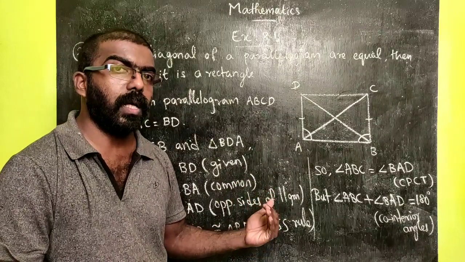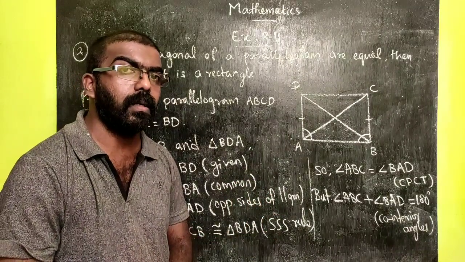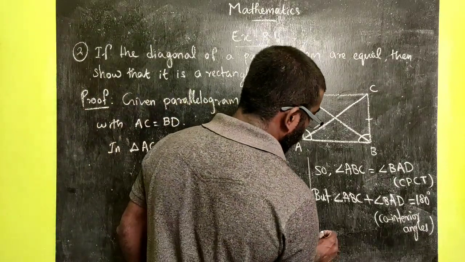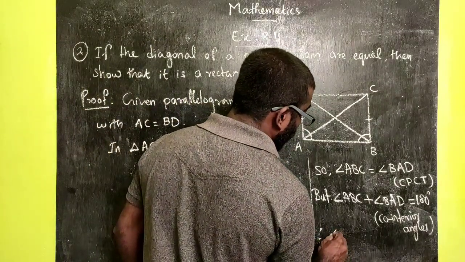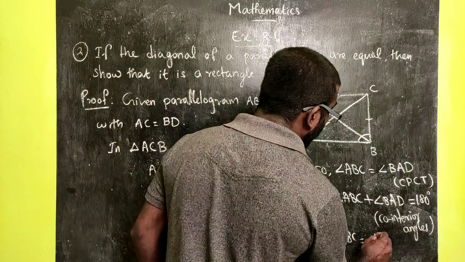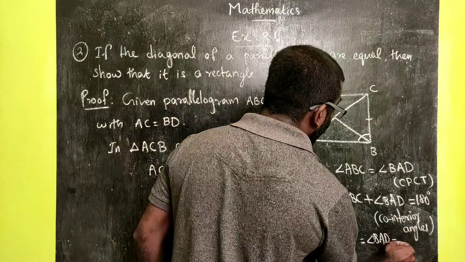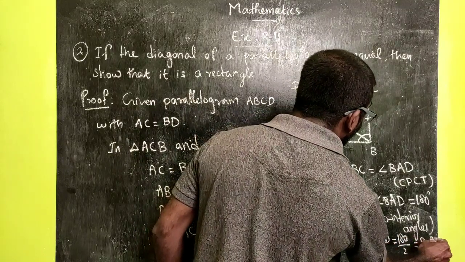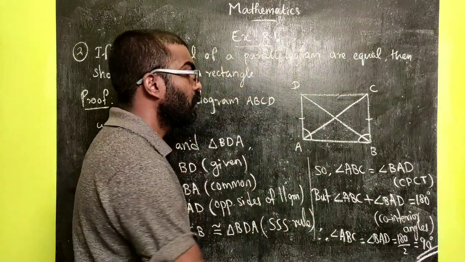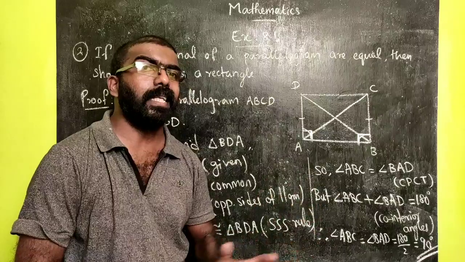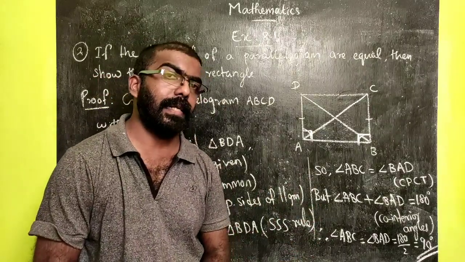Sum 180, both are equal. So each one will be equal to how much? 90 degree, 180 by 2. So therefore angle ABC equal to angle BAD equal to 180 by 2, which gives 90 degree. So these two angles measure 90 degree. That means ABCD is a rectangle.